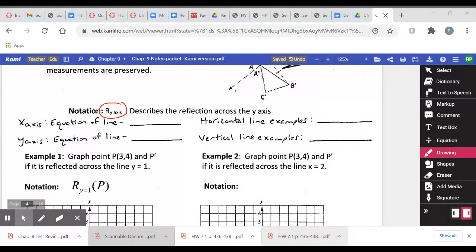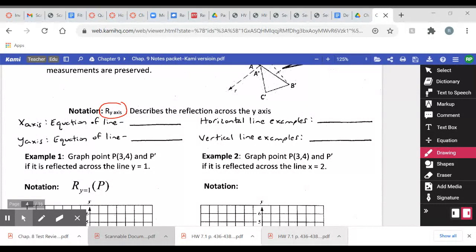The little subscript there that says y-axis is saying that we're doing a reflection across the y-axis. Sometimes it might say x equals 5 or y equals 2, or x-axis. That information is telling you what the line of reflection is.